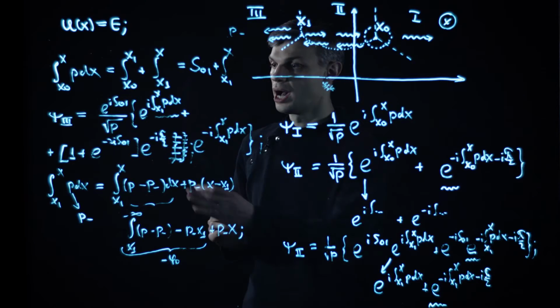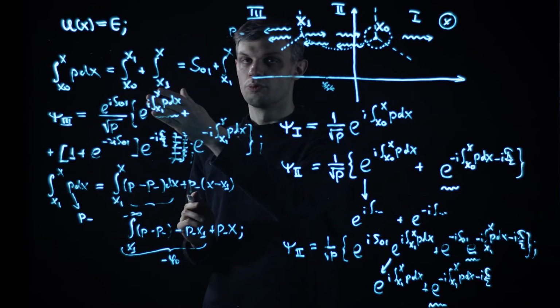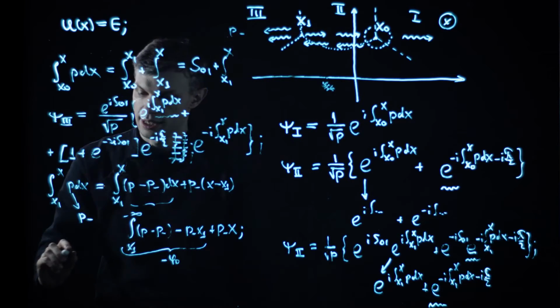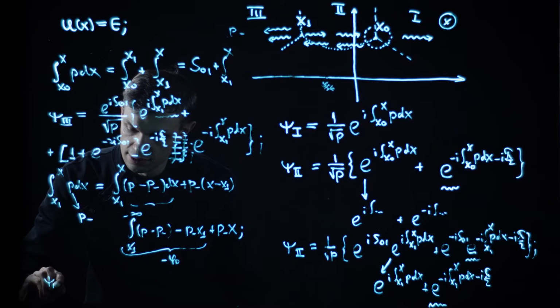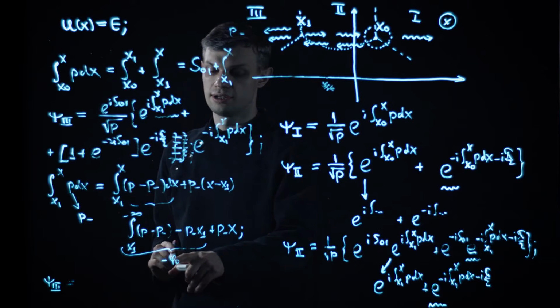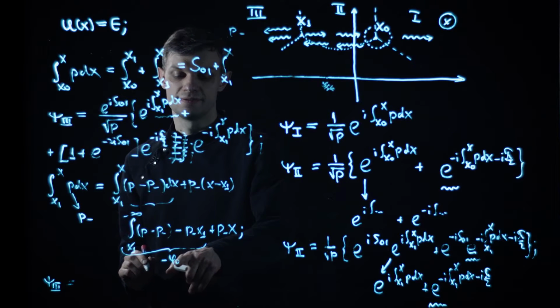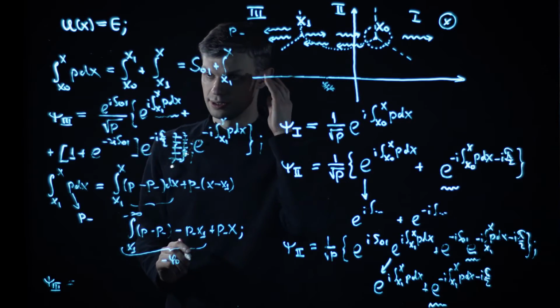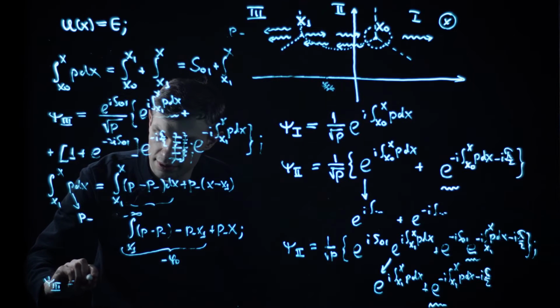So in the end, our wave in region 3 now looks as follows. We can factor out now this phase minus phi naught from all our exponents, and what we get is the following thing.